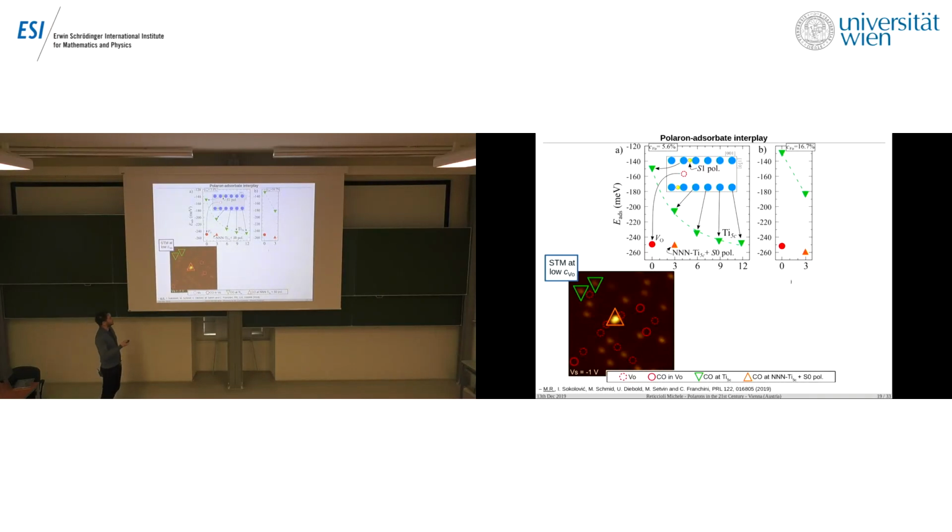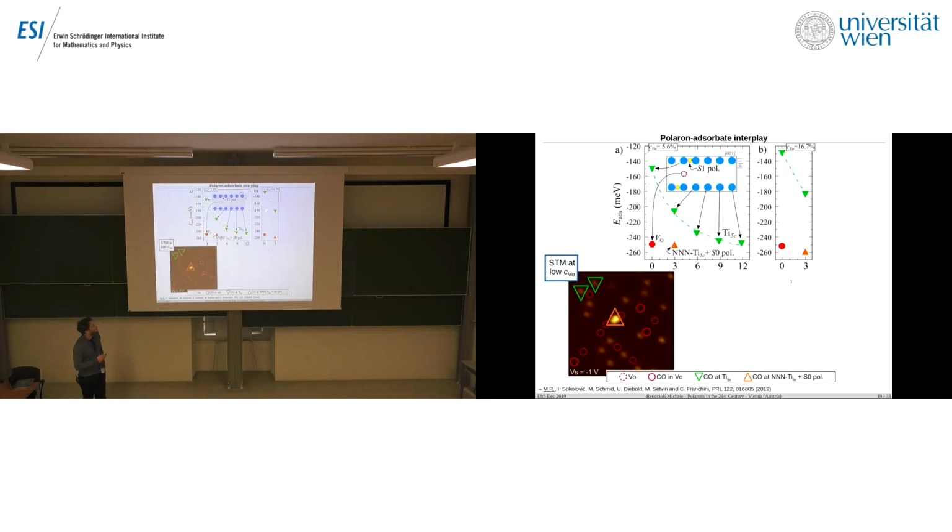Because if you look at this problem from the point of view of the adsorbate, so from the CO, you see that the adsorption energy shows convenient energies for the CO with a polaron underneath, but also for a CO adsorbing on the oxygen vacancies, and for a CO adsorbing far from both the polaron and the oxygen vacancies. So that's why here we get all these types of adsorption sites.